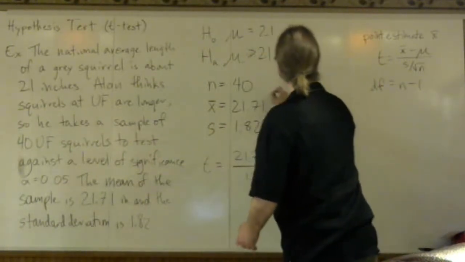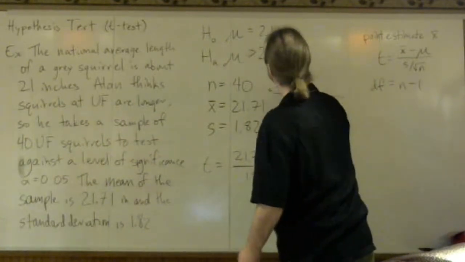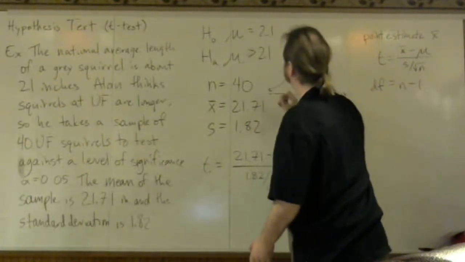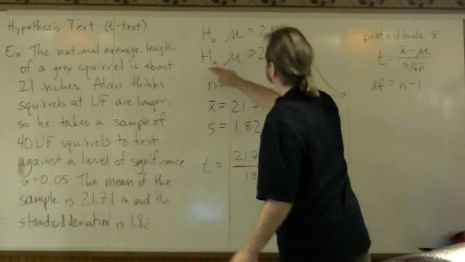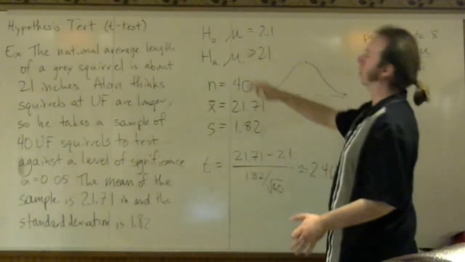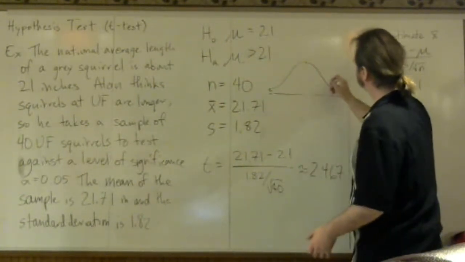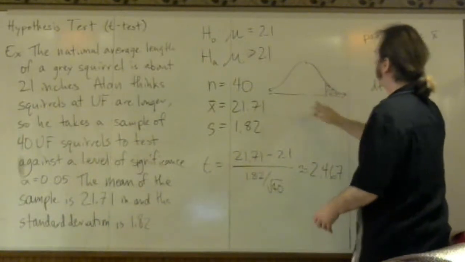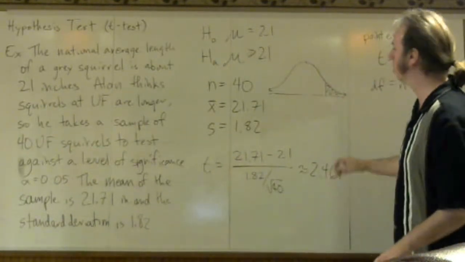So right now, our alternative hypothesis is that we think the mean is bigger than 21, so we're on the right side of our distribution.